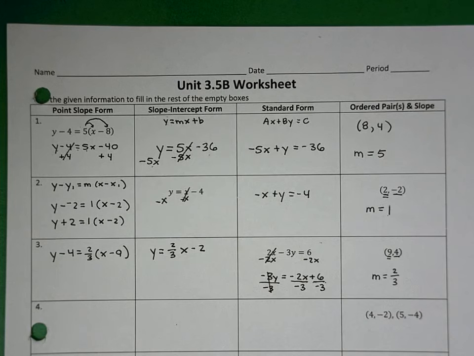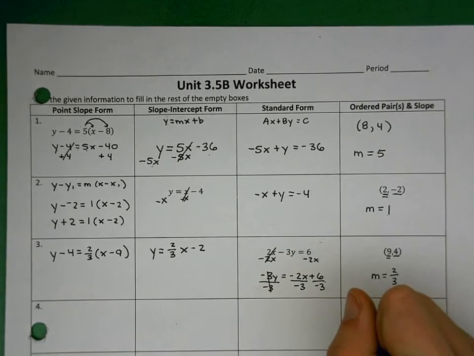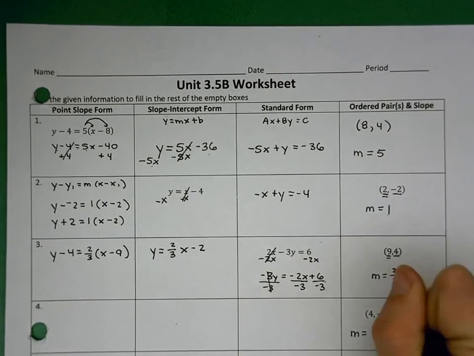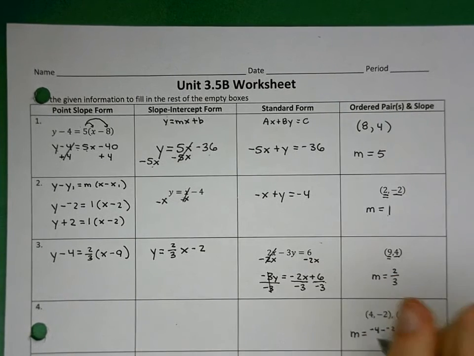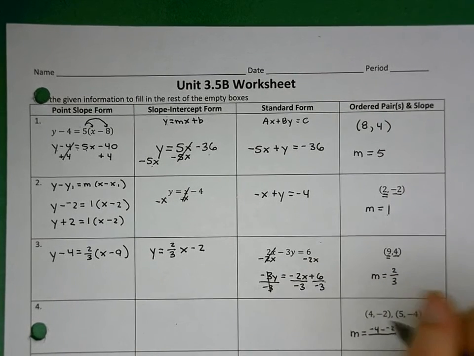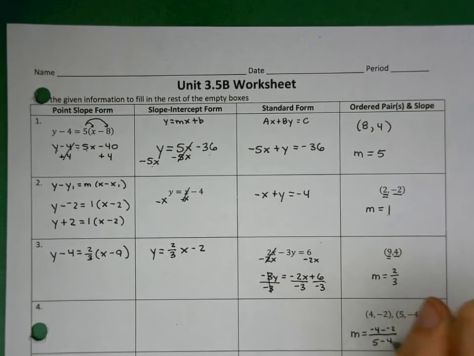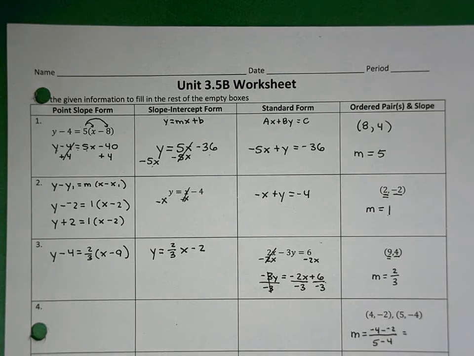Okay. To find the slope between 2 points, you subtract your two y's, so -4 minus the -2, and then over subtract your two x's. Okay. And to find that slope, it doesn't matter for your y's which one you subtract first. You could do -2 minus -4 or -4 minus -2. Doesn't matter.